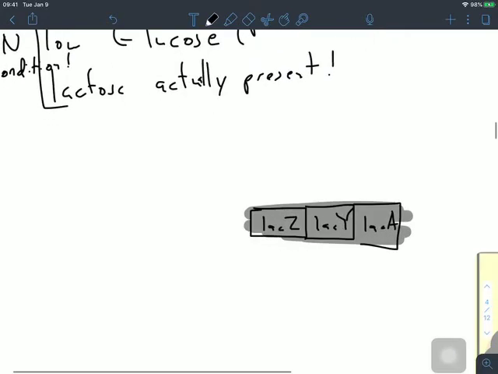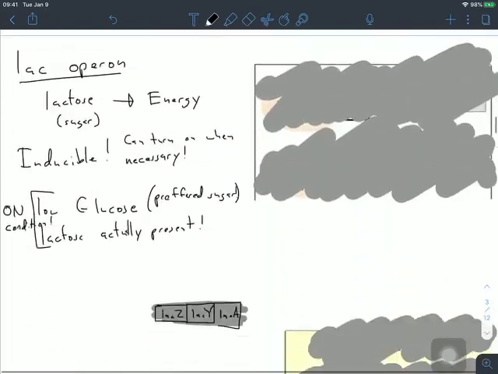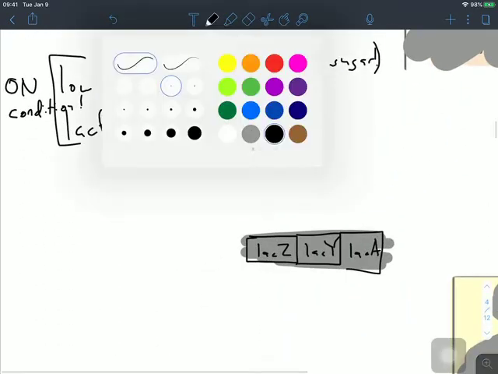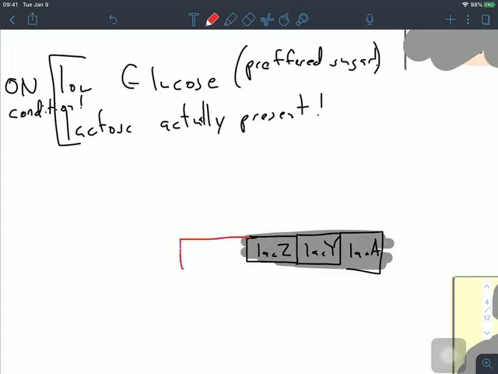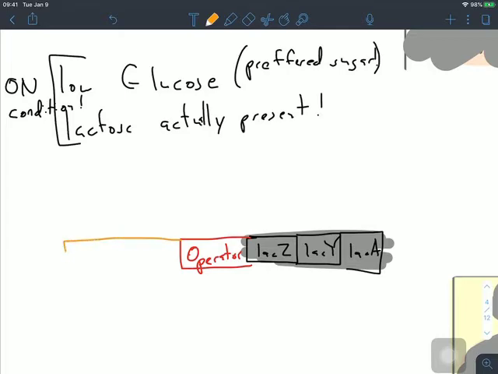Upstream of our structural genes, we have our operator, our giant stop sign, or go sign rather, and then an upstream promoter. And just like before, the operator is DNA sequence, the promoter is DNA sequence.